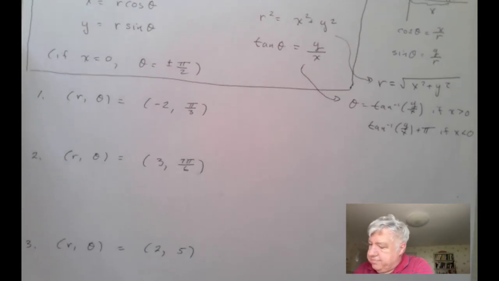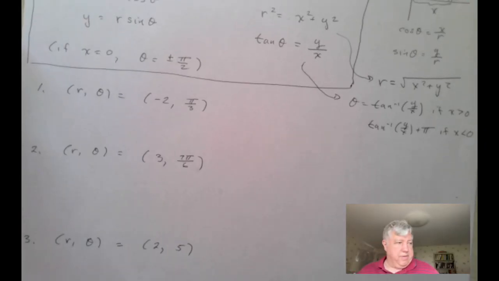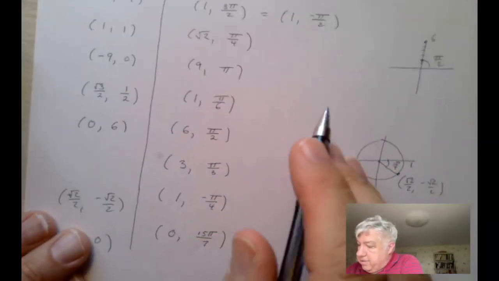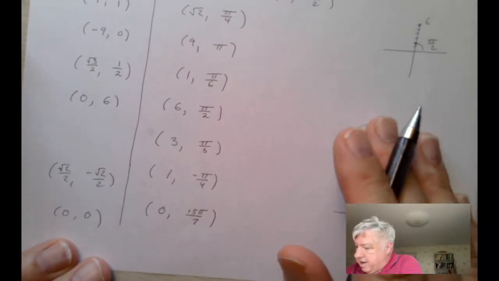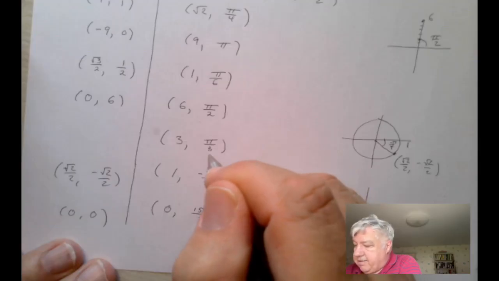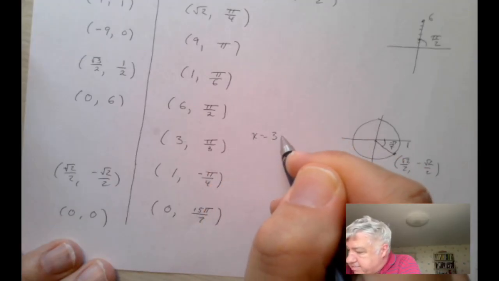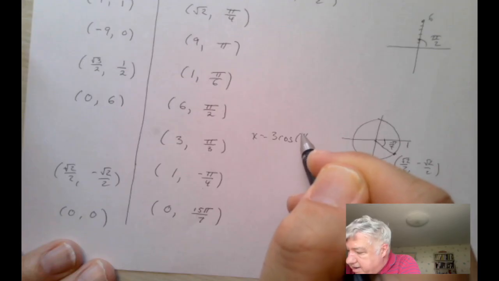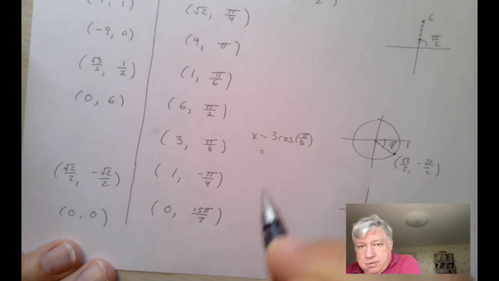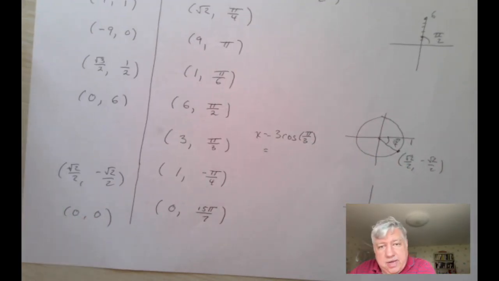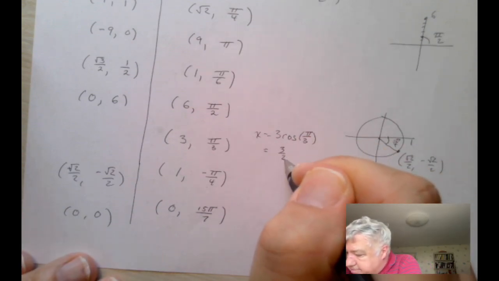So let's go back to our original example, where r was 3 and theta was pi over 3. x would be 3 times the cosine of pi over 3, and cosine of 60 degrees is 1/2, so x is 3/2.